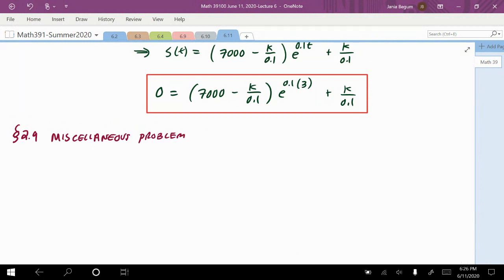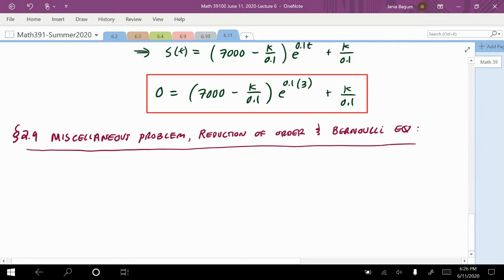Miscellaneous problems, reduction of order, and Bernoulli equations. So this is 2.9. Now, what are miscellaneous problems?